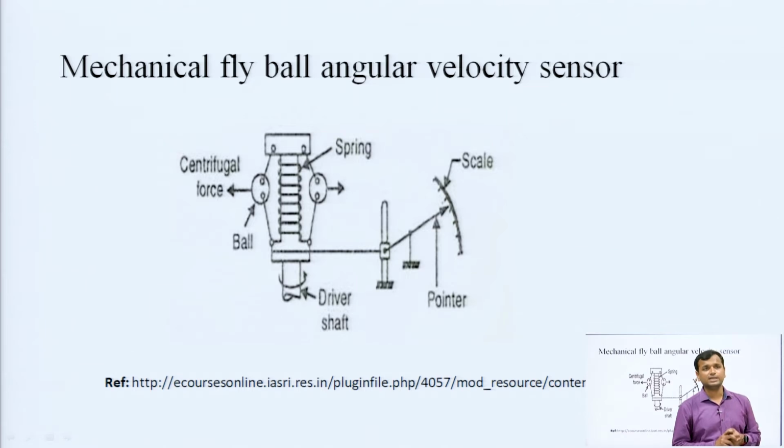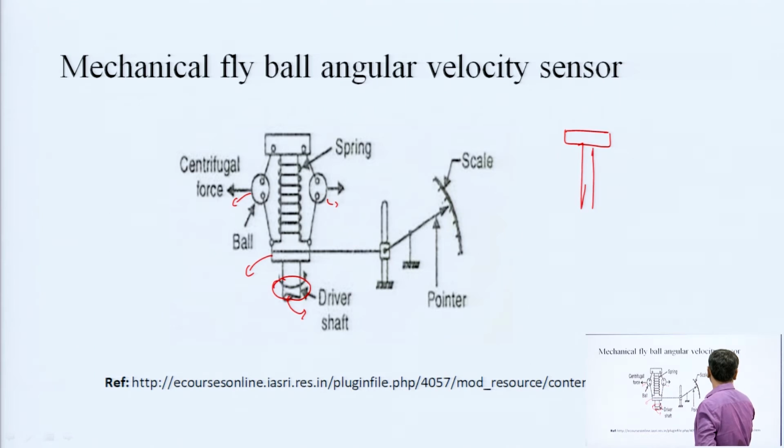Now, in this arrangement, you can see these are the two balls, or the two weights. This encircled part is the driver shaft. When this shaft is in a stationary position, the arrangement is like this: this is the shaft, and these are the two weights.